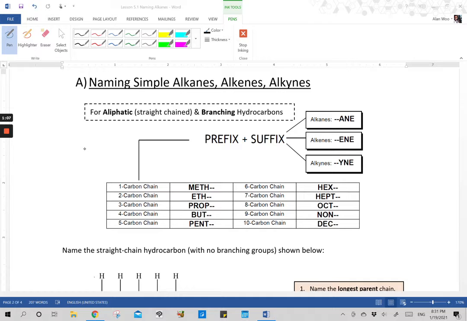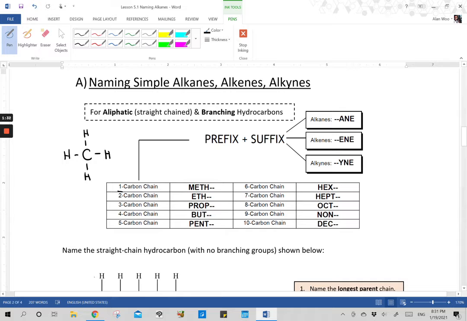So the simplest hydrocarbon, of course, was CH4, a single carbon atom with 4 hydrogens. If we look at the table here, if we have a hydrocarbon that contains only one carbon, a one carbon chain, we have to use the prefix meth.